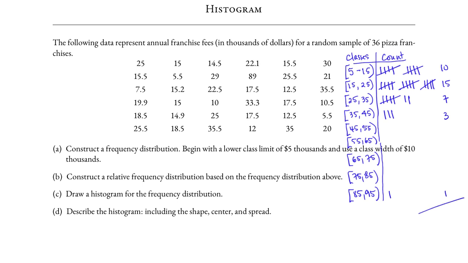If we add these up, 7 plus 3 is 10, 10 plus 10 is 20, plus 15 is 35, and 1 is 36. So yes, there are 36 numbers.